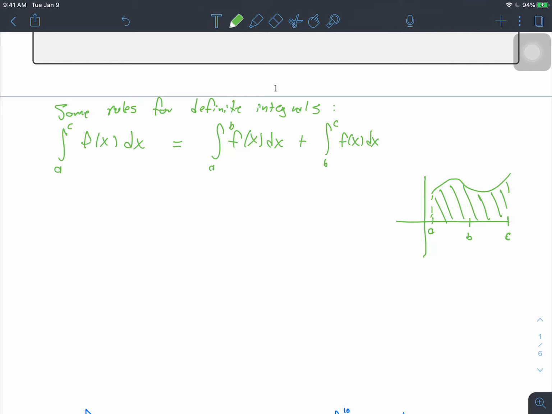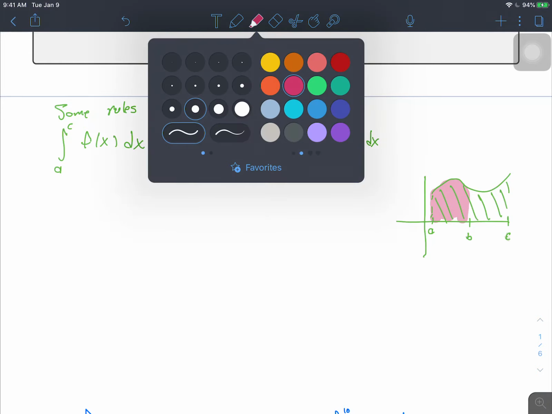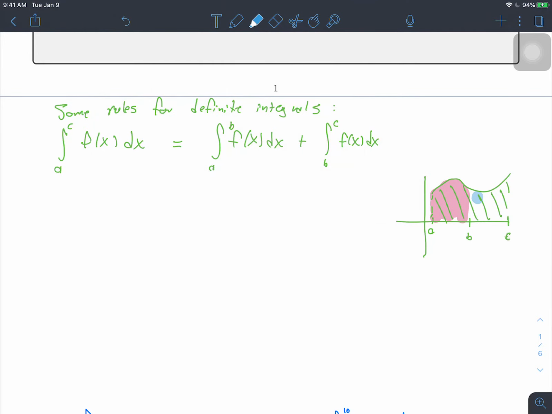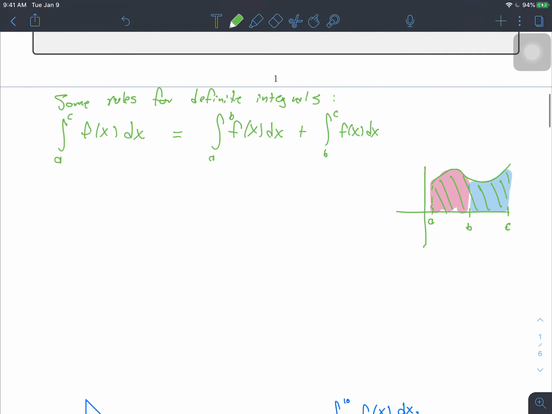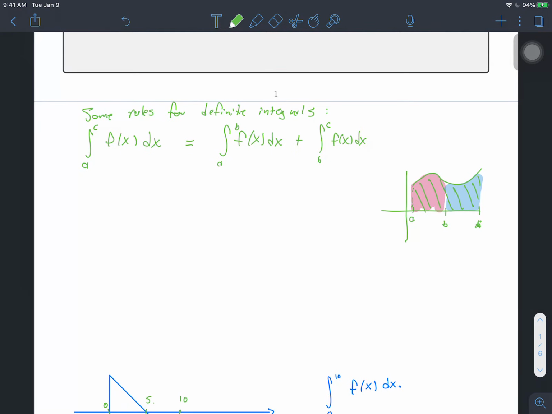Then this shaded region in green is equal to the shaded area in red plus the blue shaded area. Hopefully you believe that. Okay, that's what this rule is saying. So we can split up an integral into pieces.